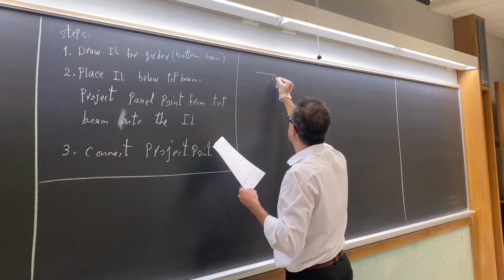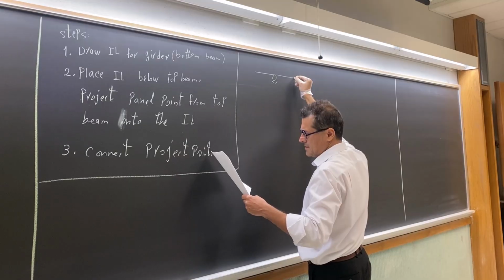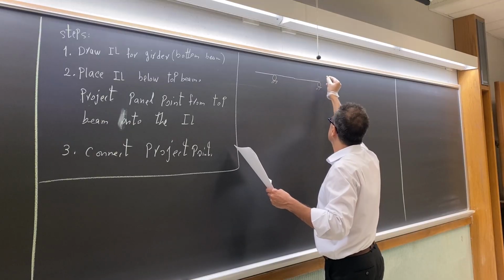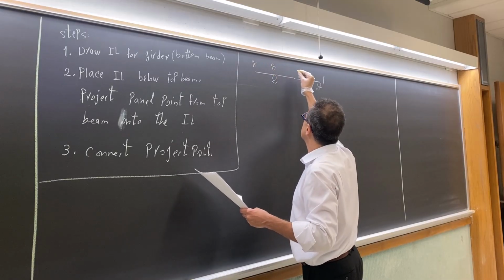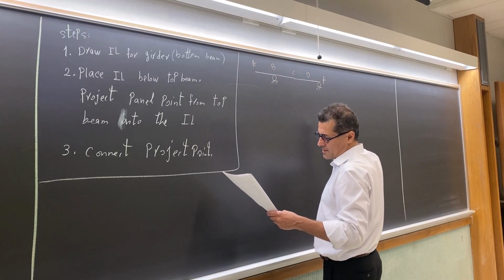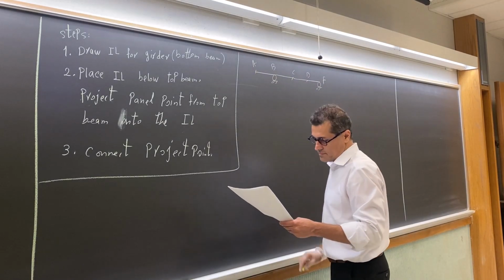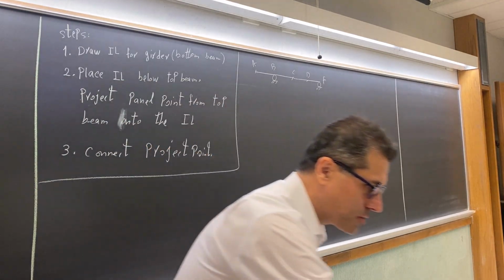A, B, C, D, F, A, G. So basically these are the panel points.